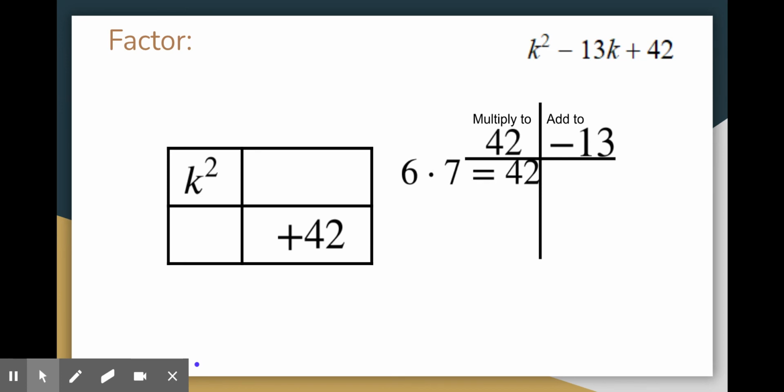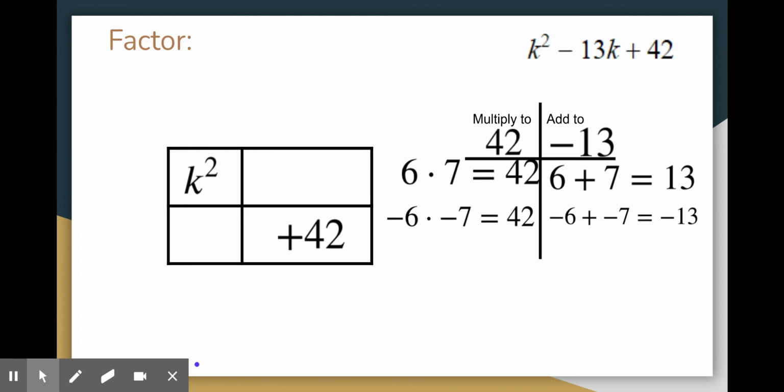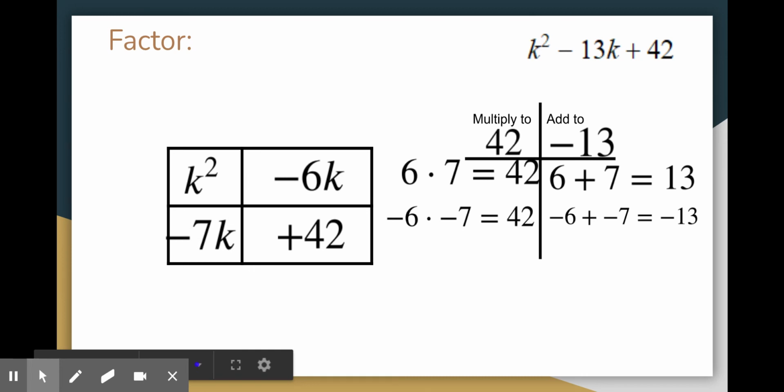The first thing I thought of, 6 times 7 is 42, but 6 plus 7 is 13. So that doesn't work out. What about negative 6 times negative 7? That gives me positive 42 when I multiply it. And then negative 6 plus negative 7 is negative 13. That is what I want. So I will put that in my table and then factor it out.